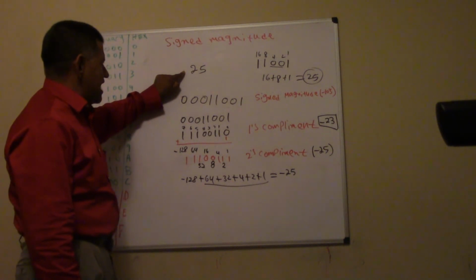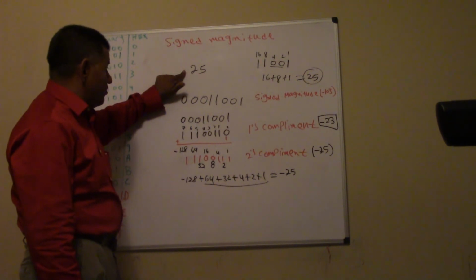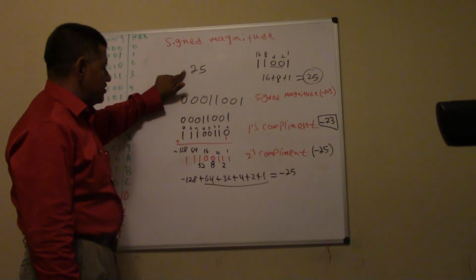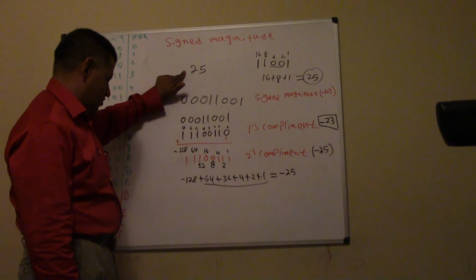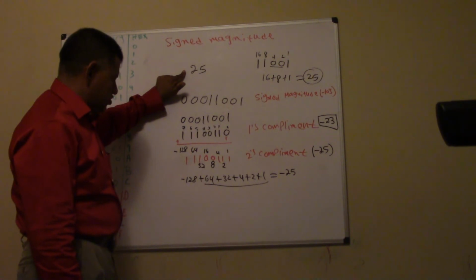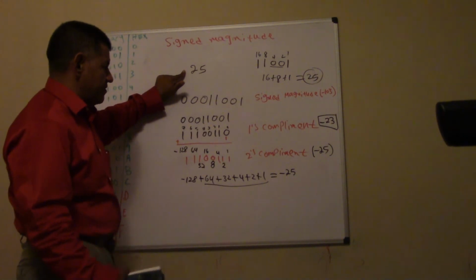If the teacher asks you, show me how you represent this number into a negative, into a sign bit, which will give me a negative 25.